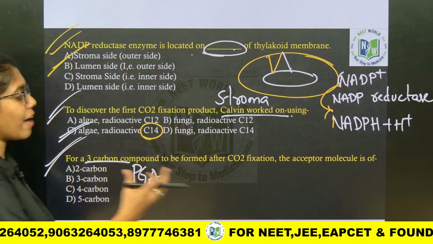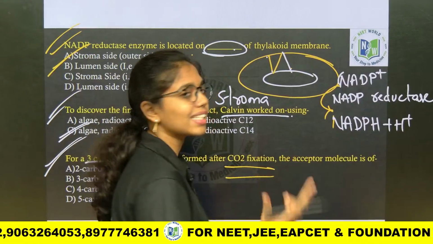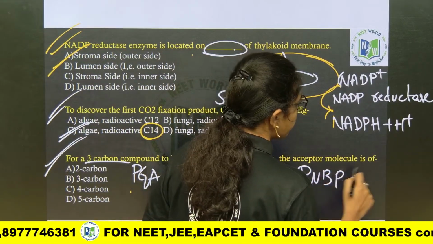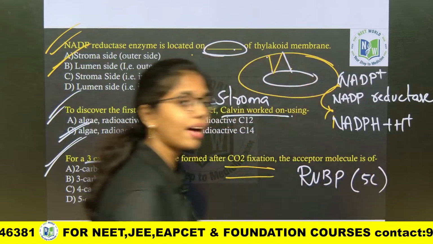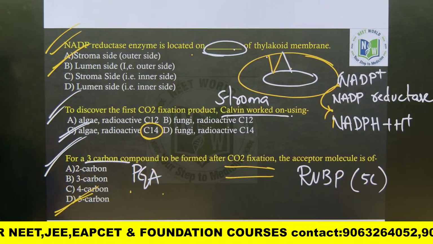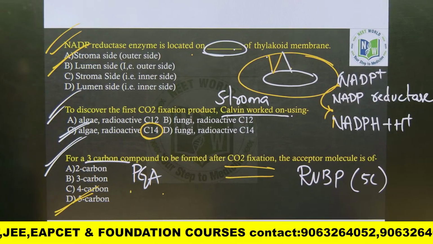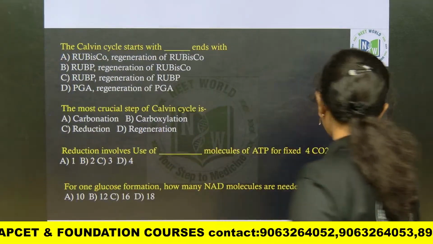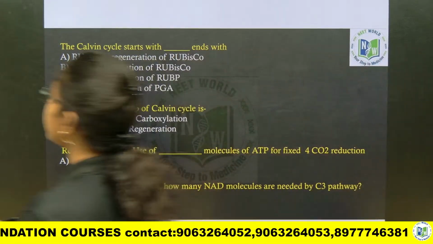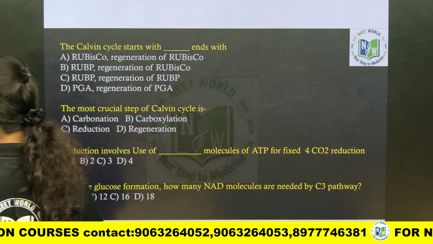To form after carbon dioxide fixation, the acceptor is definitely RuBP, which is 5-carbon compound. Just now we have seen, no beta. So, the acceptor is what? 5-carbon compound. Option D is the correct answer. This question you look into. Very good, Shiva. Just look into the questions and keep answering, beta.